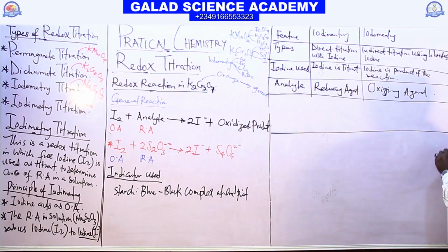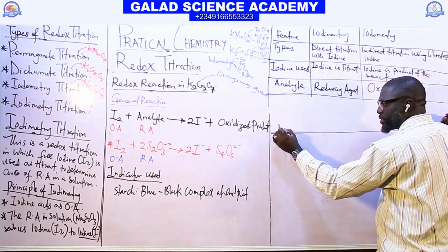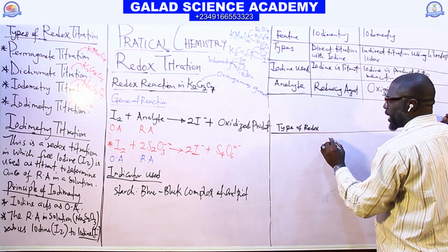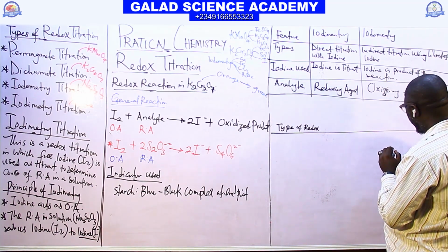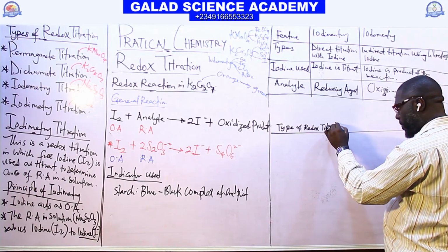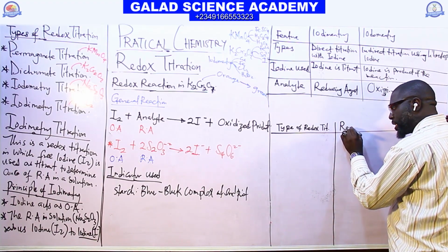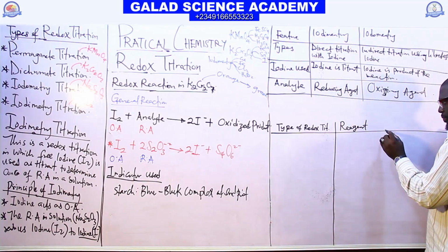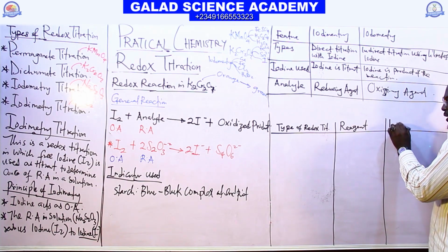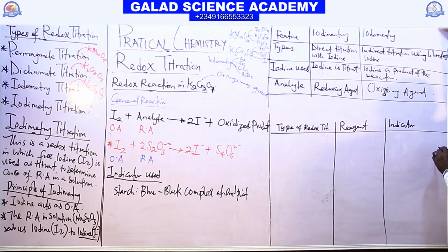The types of redox titration; the second one is the reagent of the titration; the third one is the indicator of the titration.